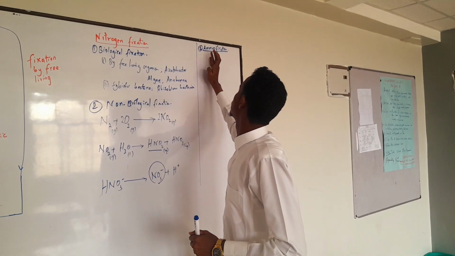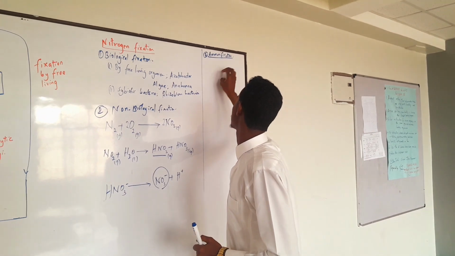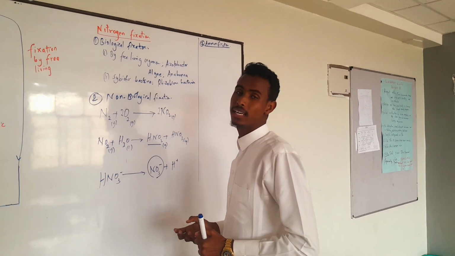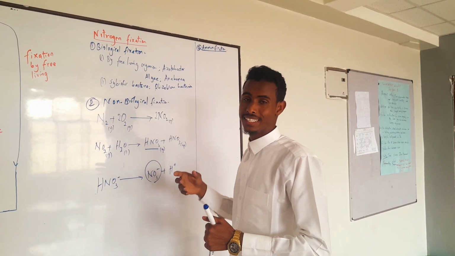That is, they break down the dead organisms, or rather the waste materials, and they release ammonia into the environment. This ammonia is again converted to other forms by nitrifying bacteria.